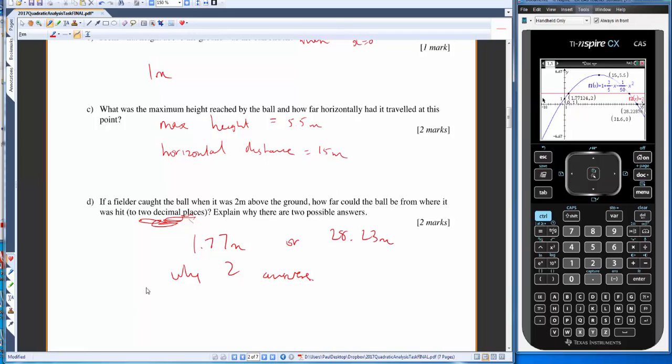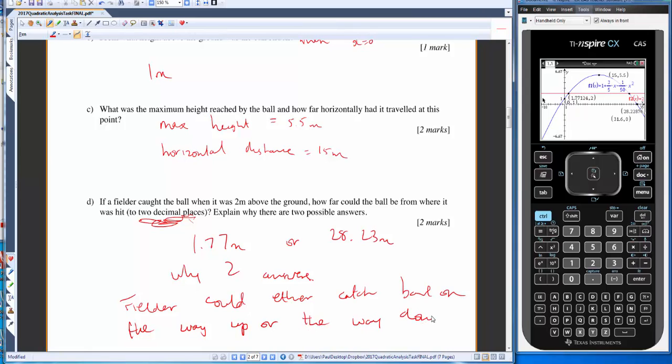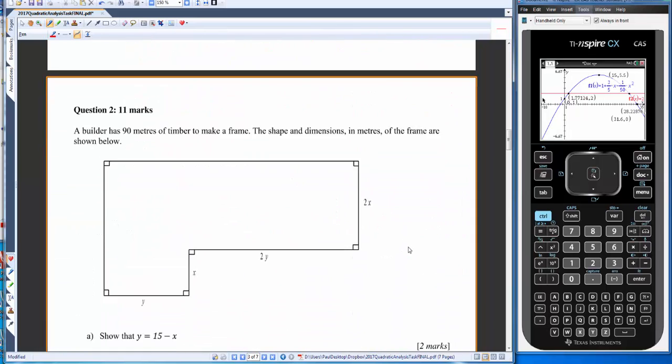So an answer something like, fielder could either catch ball on, and I'm just using a bit of shorthand here, on the way up or the way down. Alright, so there's question 1.